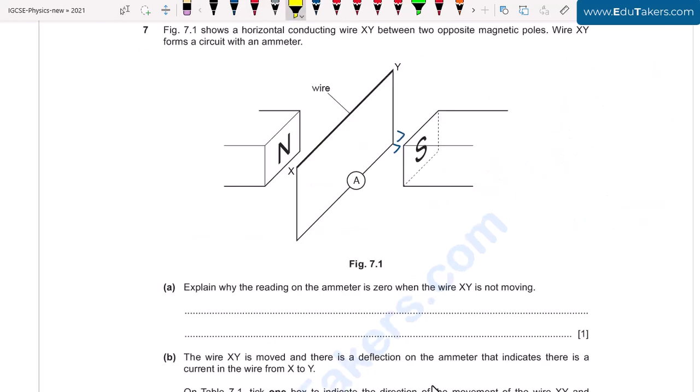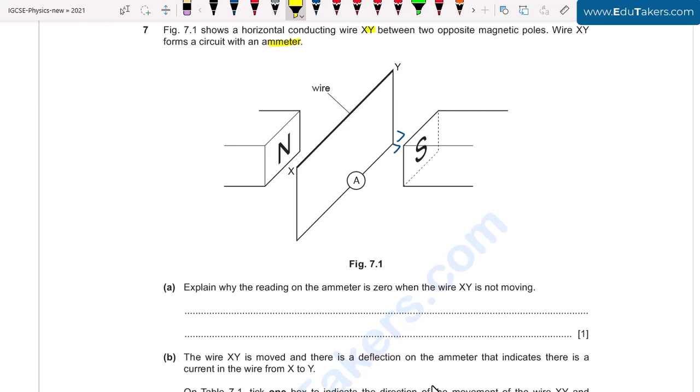Question number 7. Figure 7.1 shows a horizontal conducting wire XY between two opposite magnetic poles. Wire XY forms a complete circuit with an ammeter. Part A. Explain why the reading on the ammeter is 0 when the wire XY is not moving.